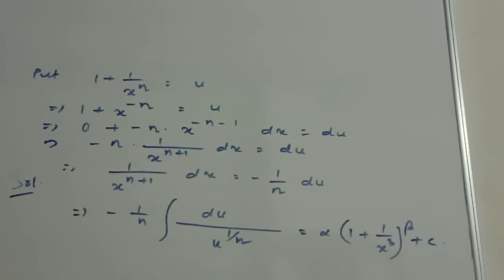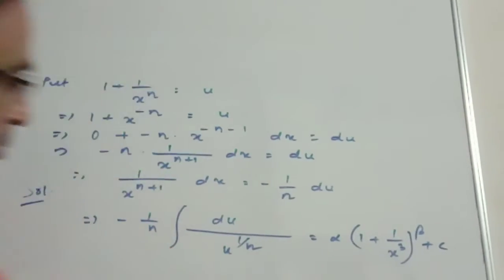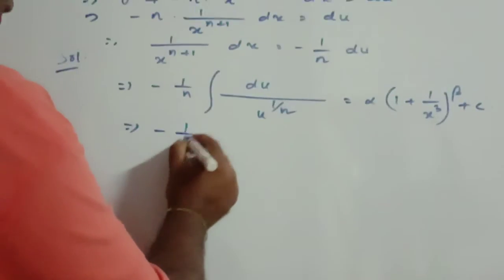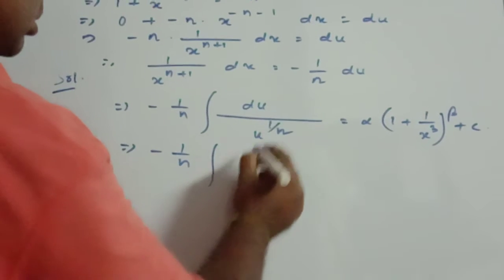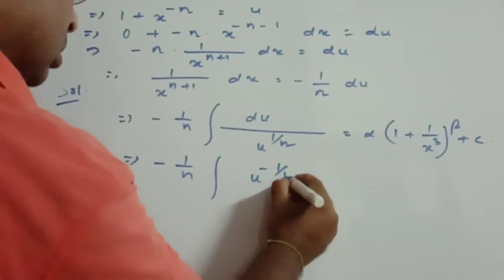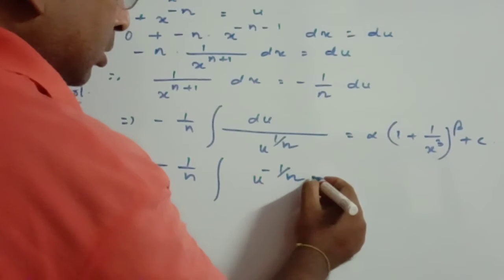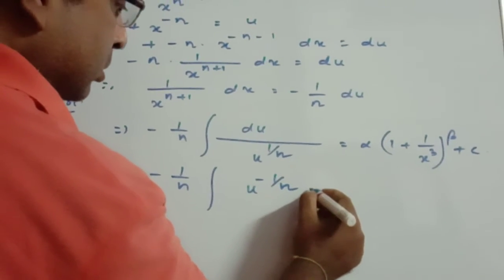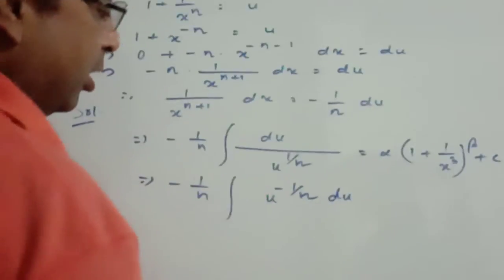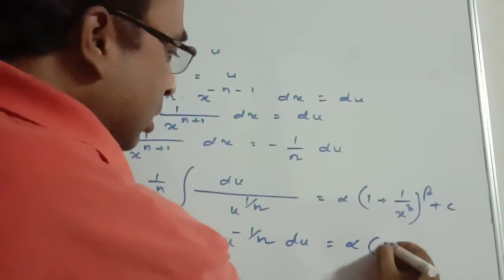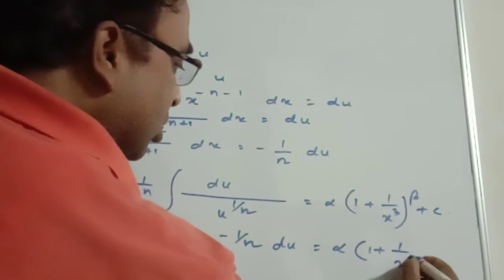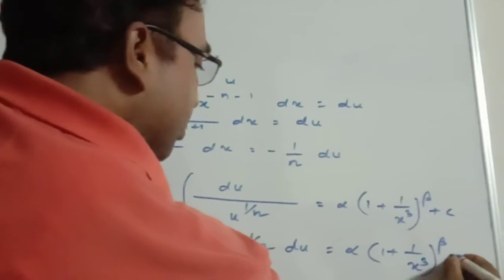Now minus 1 by n, we'll take u to the power 1 by n to the numerator. Then it becomes u to the power minus 1 by n du, equal to alpha into (1 plus 1 by x cube) to the power beta plus c.